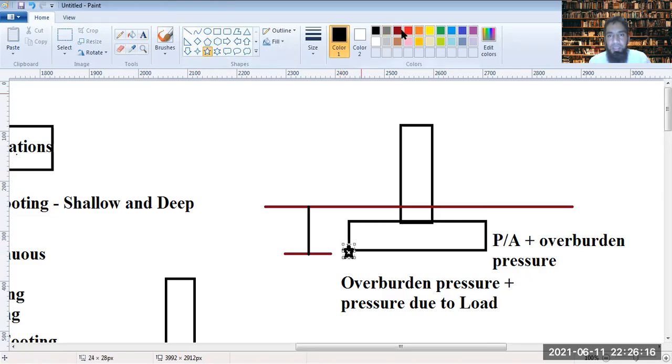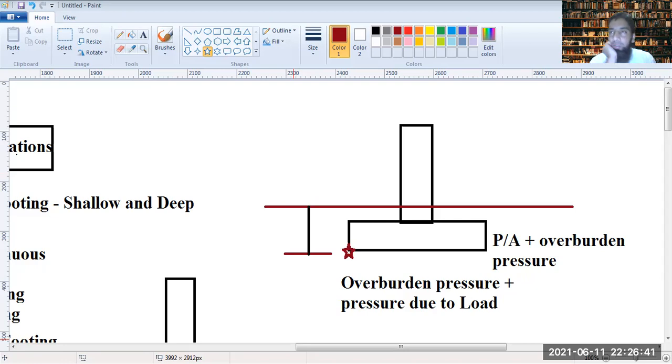We are determining the overall pressure on the soil. So thereby, we do not take the net pressure, we take the gross pressure while calculating the allowable soil pressure, that's QA.